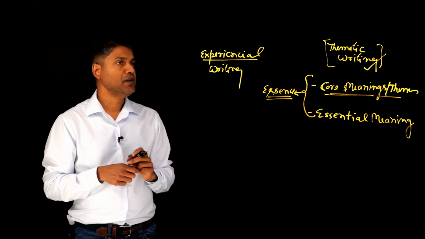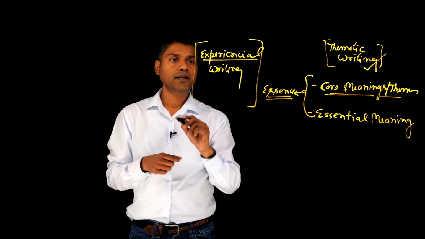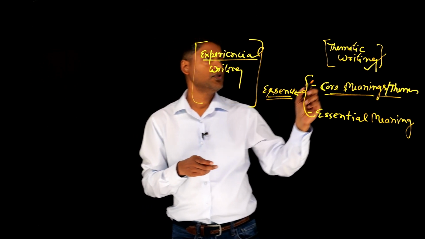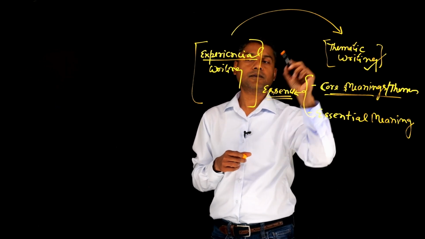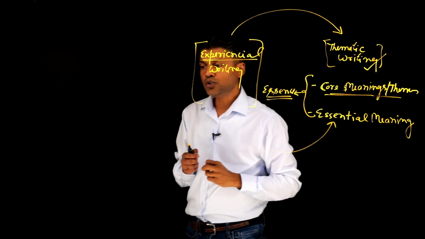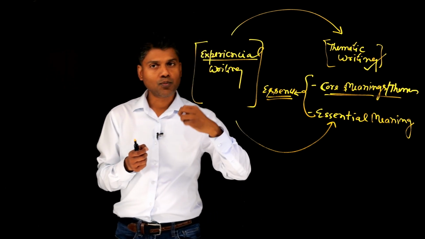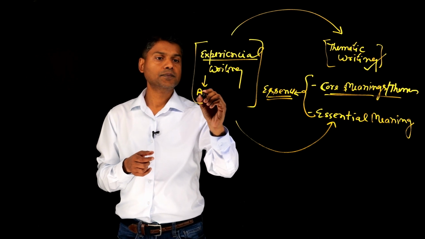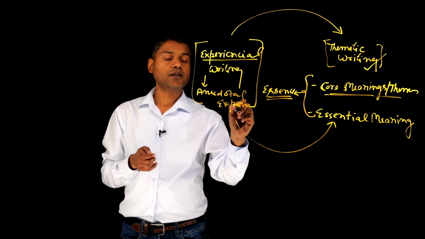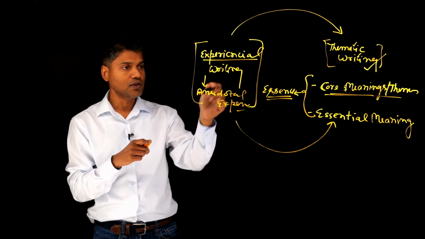One thing to keep in mind is that experiential writing and thematic writing go together. When you are describing a theme, you are going to insert anecdotal experiences that you already practiced in the second video about experiential writing.